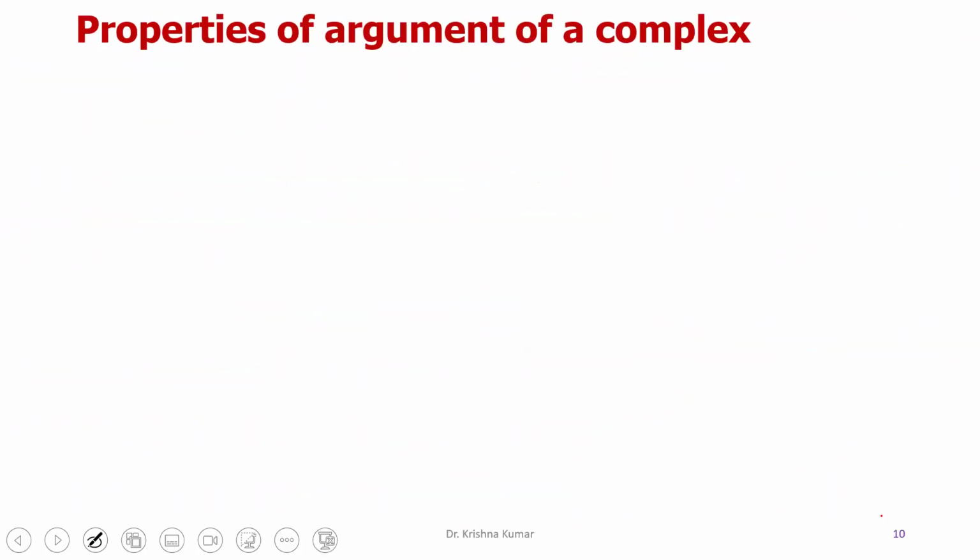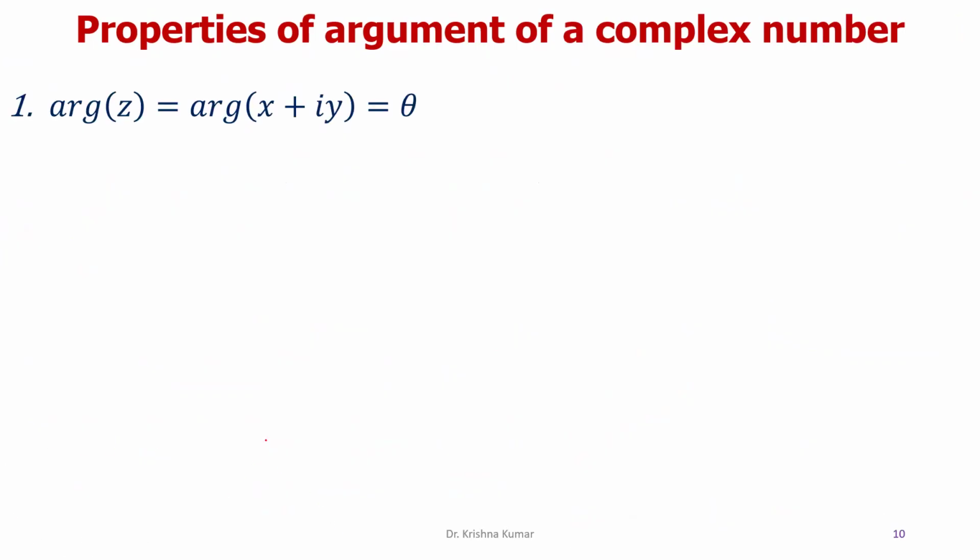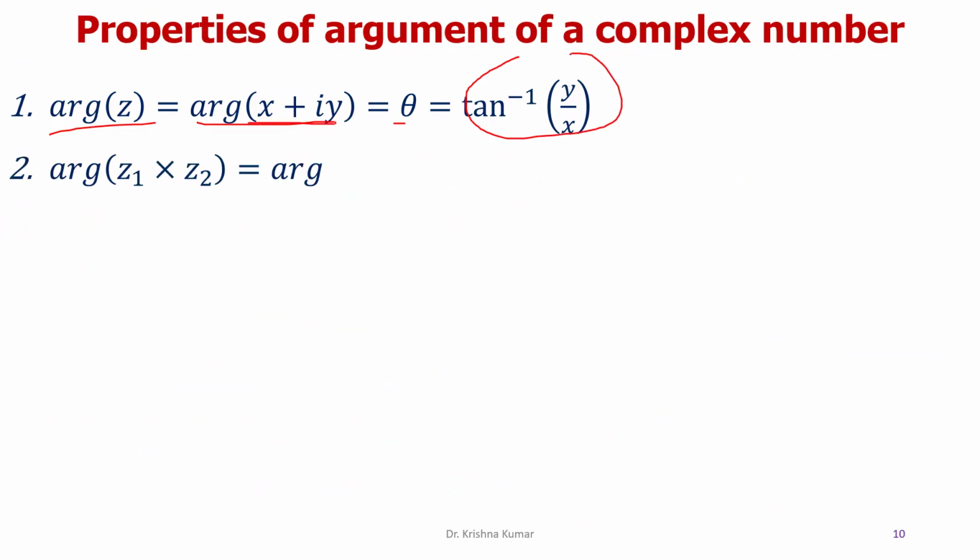Properties of argument of a complex number. First, argument of z is equal to argument of x plus iy, which is given by theta is equal to tan inverse of y by x. Second, argument of multiplication of two complex numbers z1, z2 is given by argument of z1 plus argument of z2.